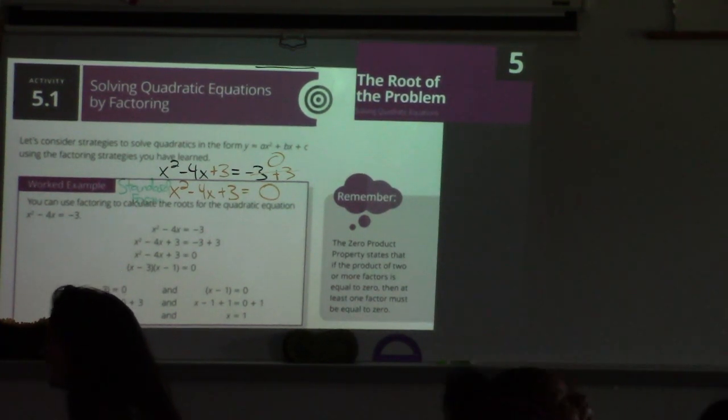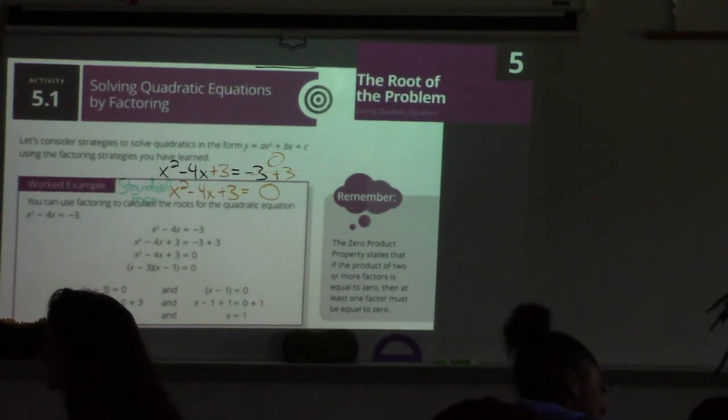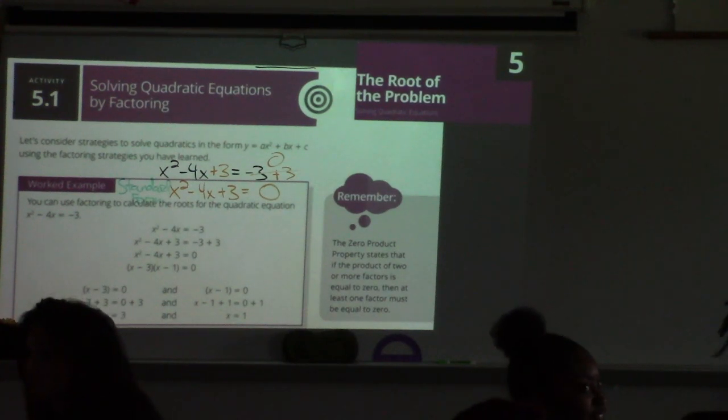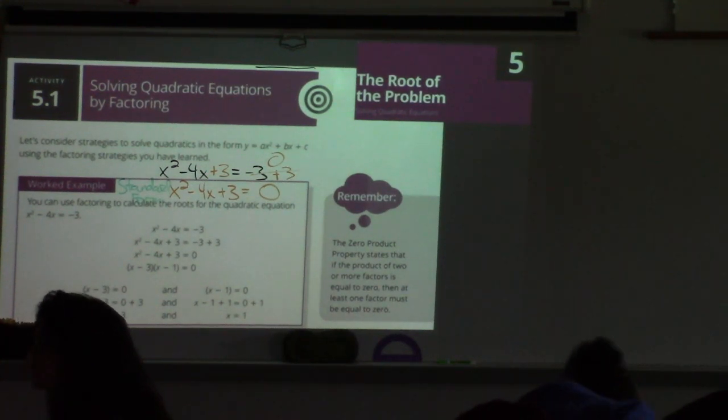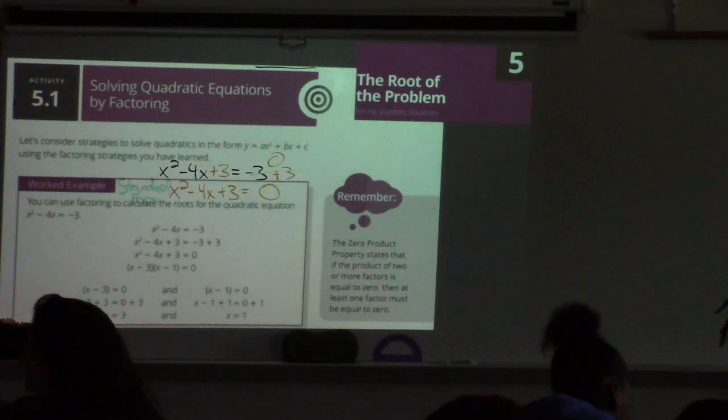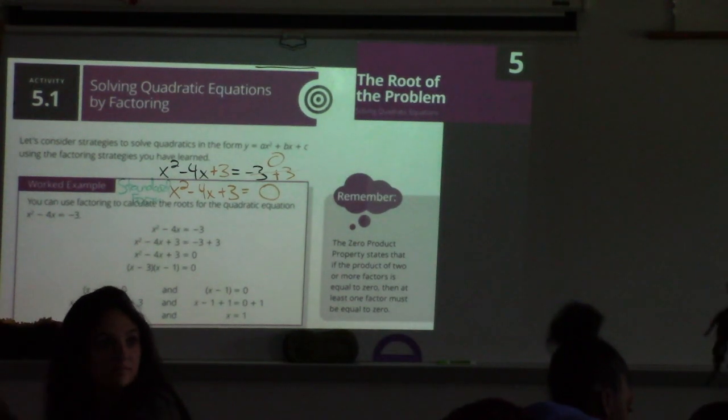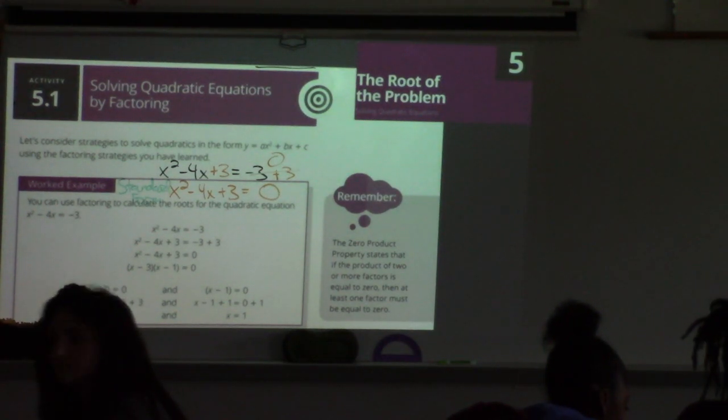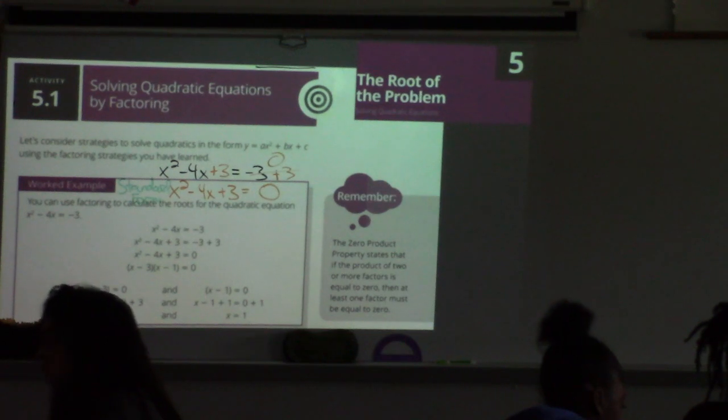Go back to the Window/Zoom, and just zoom so it's back to what it's normally supposed to look like. Hey guys, if the window is super far off from what you're used to seeing, you can hit Window/Zoom and do Zoom Standard.